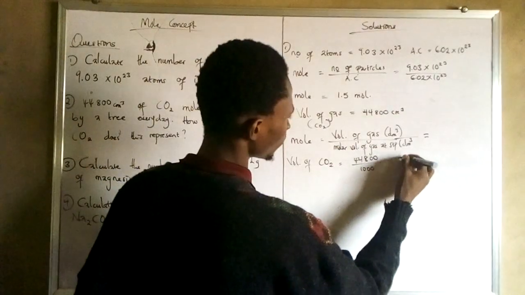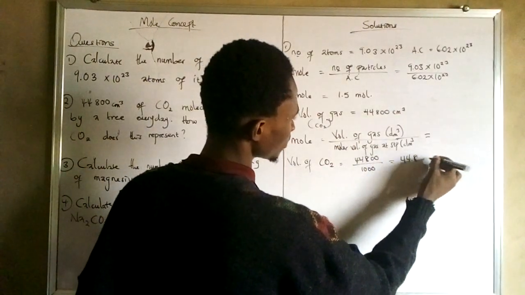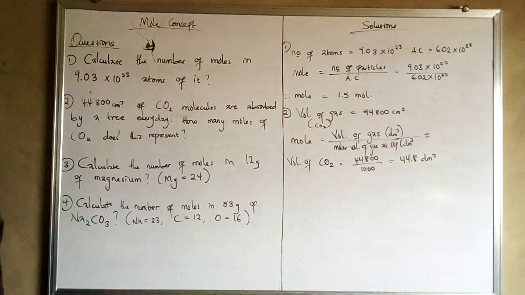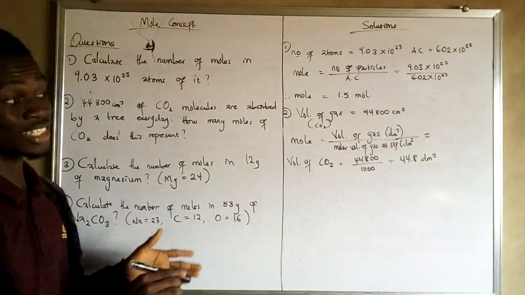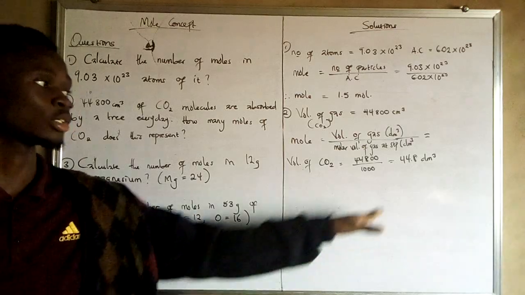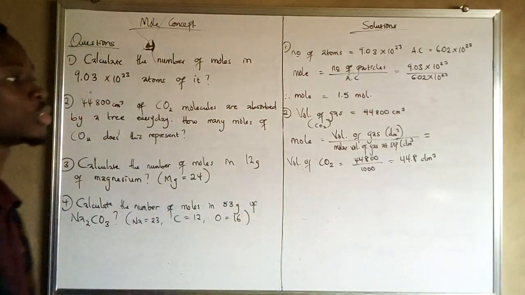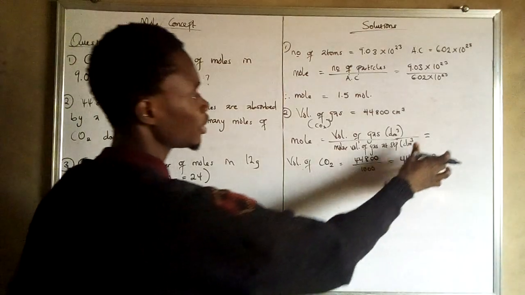So we are going to have 44.8 dm3. So that's our value in dm3. You divide the value by 1,000 to get the value in dm3.